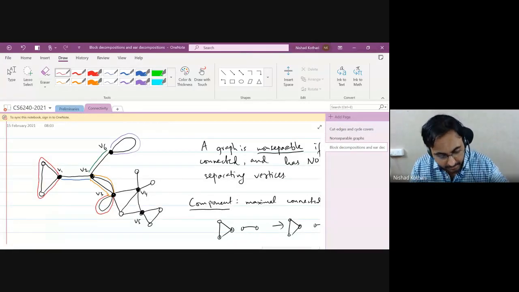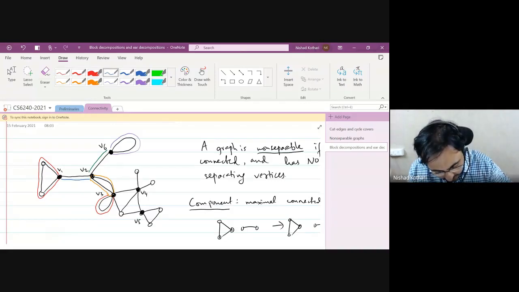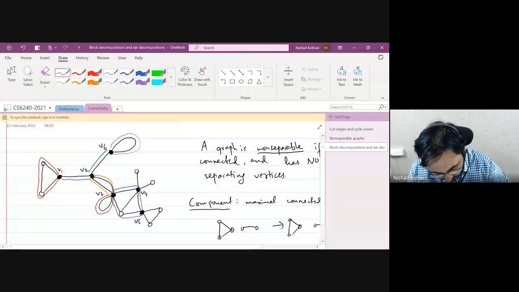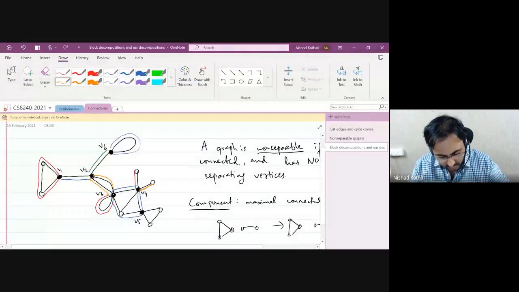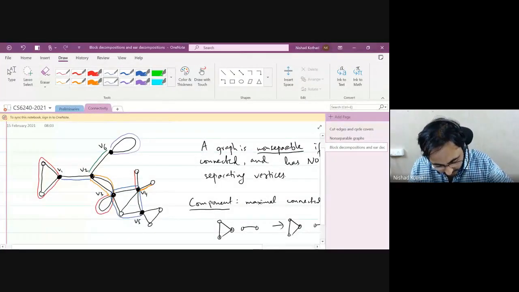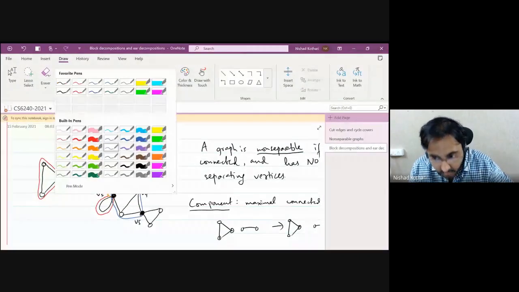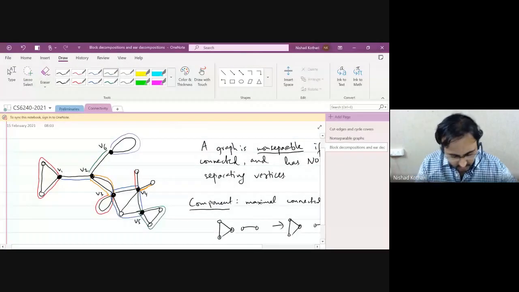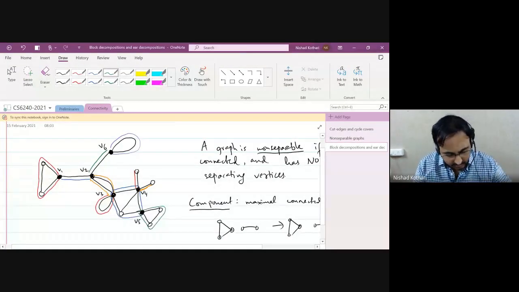Okay, and then let's see. Here's another block. And then you have one more here. You have another here, orange colored. And then you have, let's say, let me put this in green color. So it seems that we have 10 blocks here. Let me just use black to put all the labels.